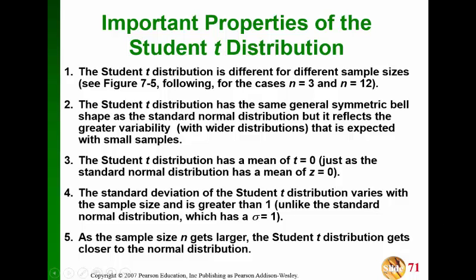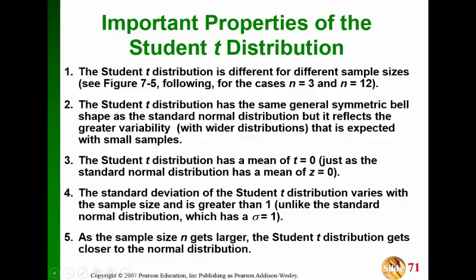The t distribution has the same symmetric bell shape, but it's actually a little bit wider. The standard normal distribution has a mean of 0, and the student t distribution has the same mean. The standard deviation varies for the different sample sizes.